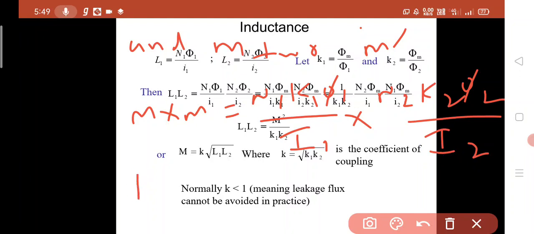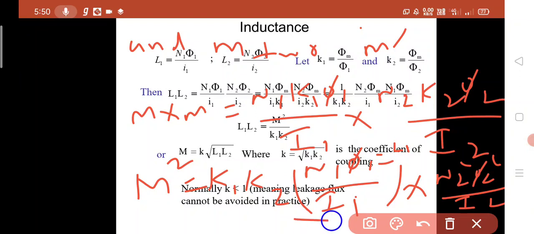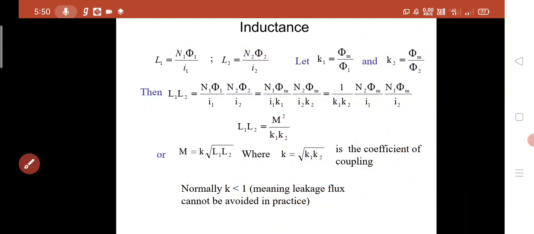So M square is equal to K1 K2 times N1 phi 1 by I1 into N2 phi 2 by I2. This is L1, and this is L2.